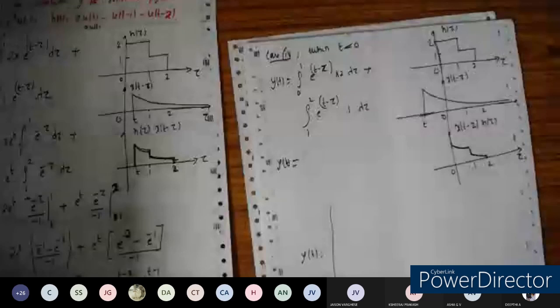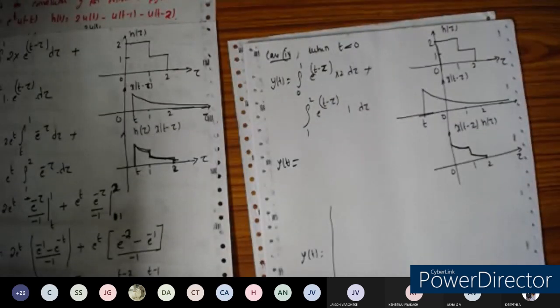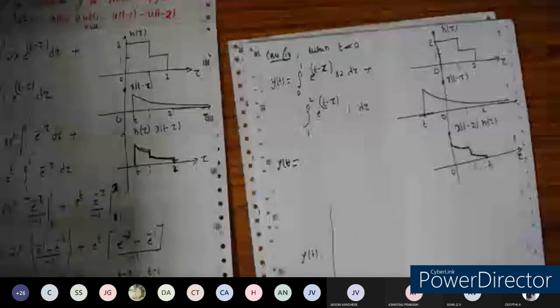Okay, I'll go for the next problem so that the integration part you can do it. Take the next problem.